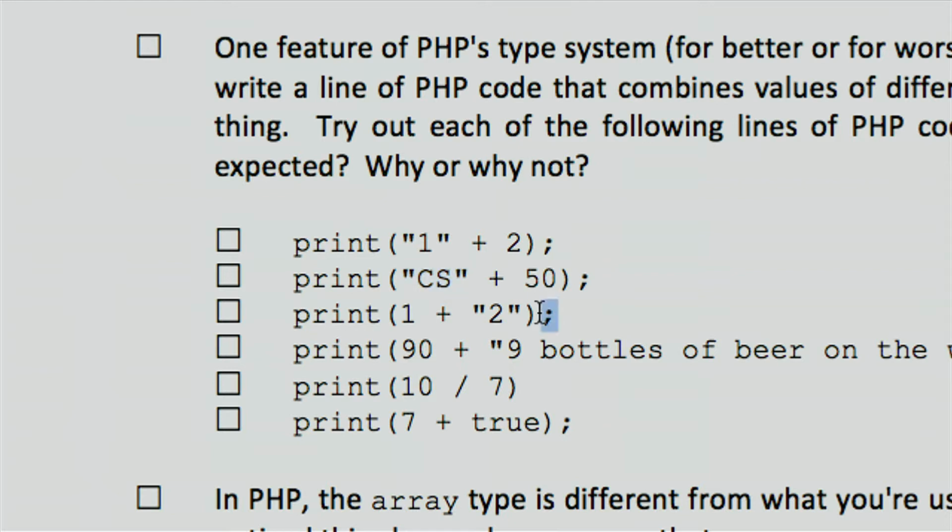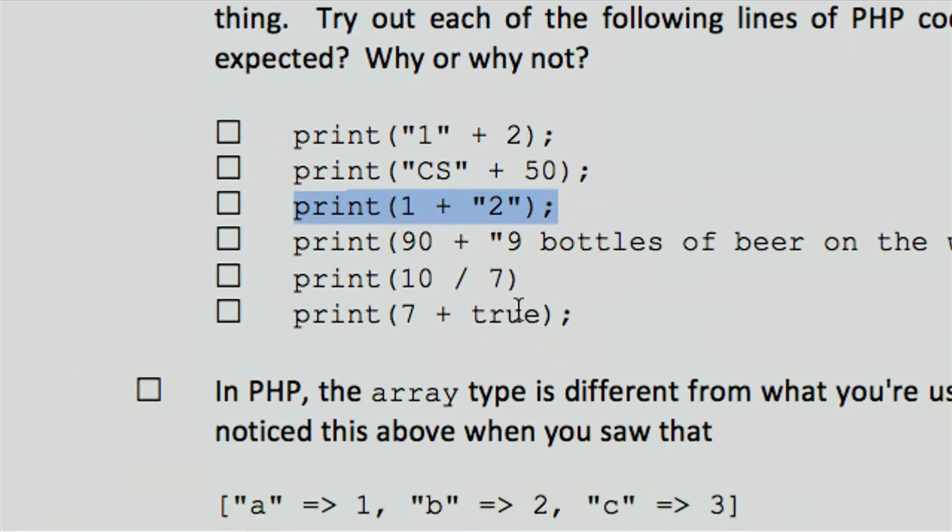Is there anything different when instead of adding a string to a number, we add a number to a string, and so on? To the point where we get some weird stuff right here, 7 plus true. What the heck does that mean?